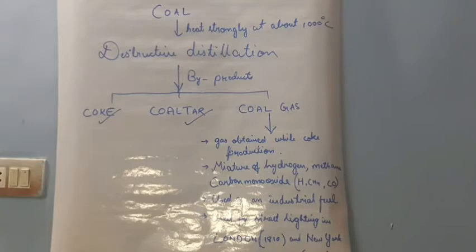In earlier days, coal gas was a very important gas which was used in street lighting purposes, but nowadays it is not used. Then it is used for heating purpose, okay. In heaters, it is used for heating purposes. Then it is not used for cooking, but it is used in industries. Then it is a mixture of hydrogen, methane, carbon monoxide. It is the mixture of three main gases, okay.